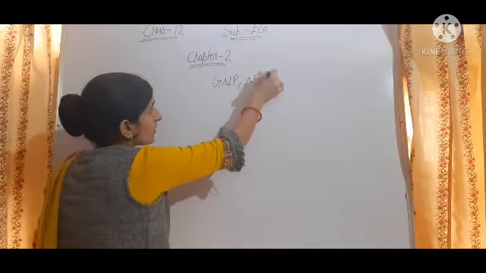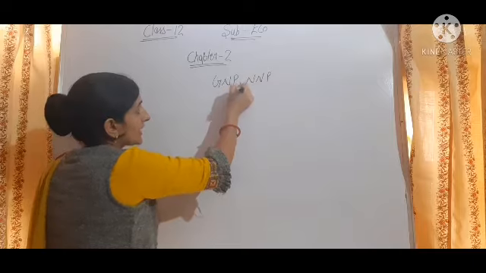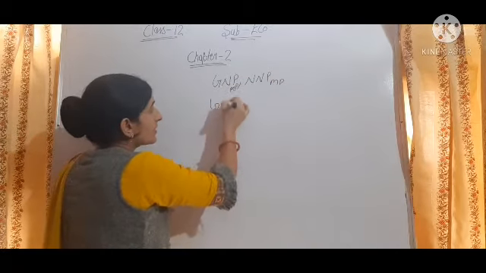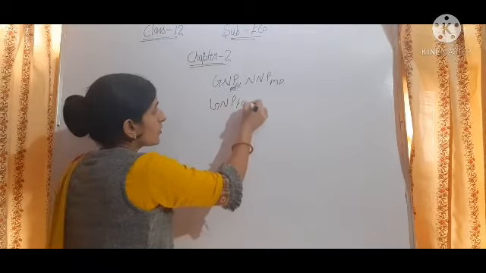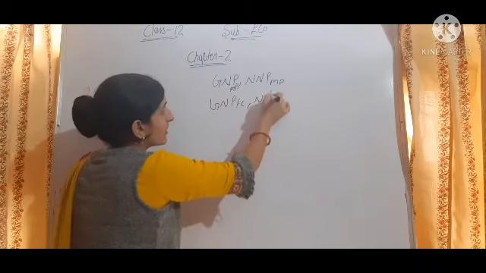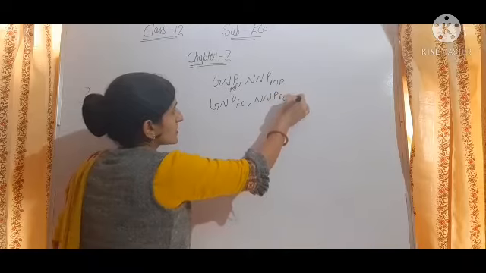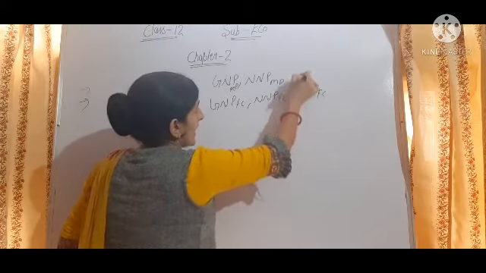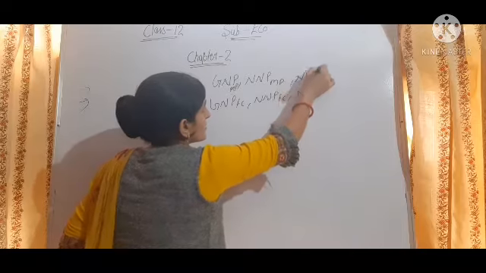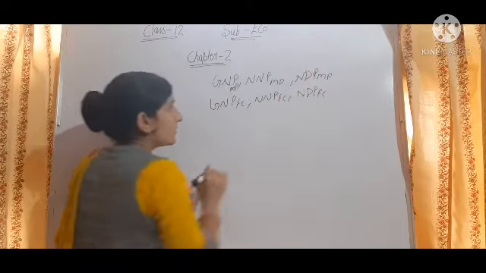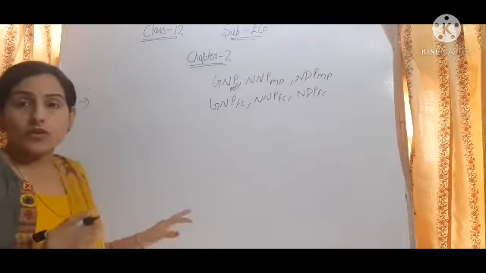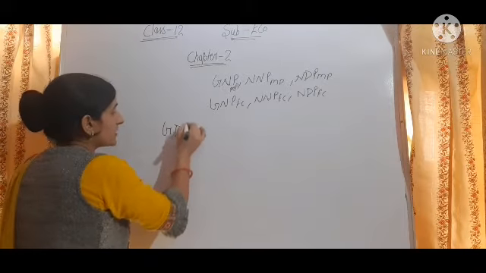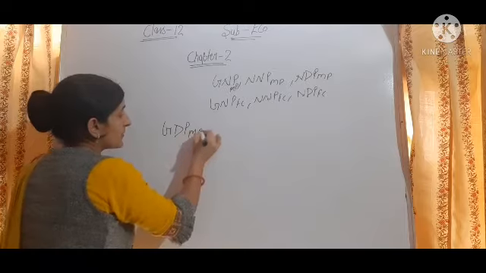NNP at market price, GNP at factor cost, NNP at factor cost, NDP at factor cost, NDP at market price. So for example, we have given GDP at market price.